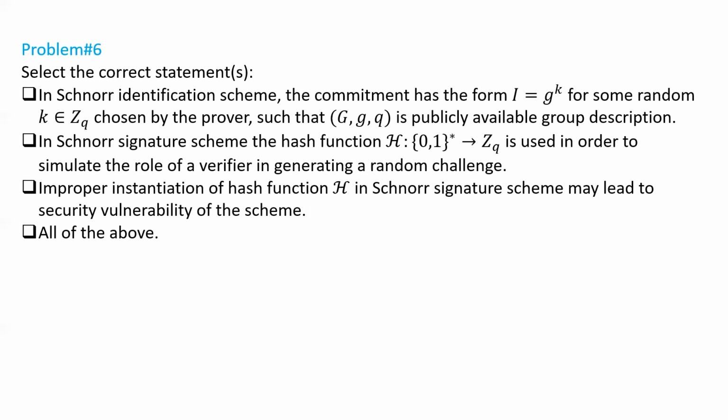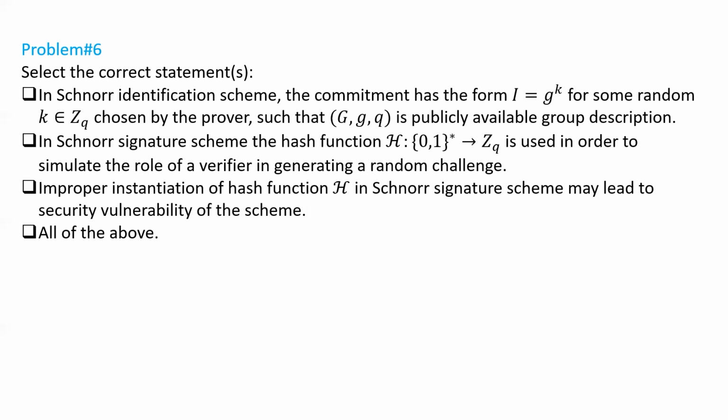So after this, the verifier verifies whether S is a valid response to R. It basically computes g to the power S into h to the power minus R. Basically g to the power S is nothing but g to the power Rx plus K, right?